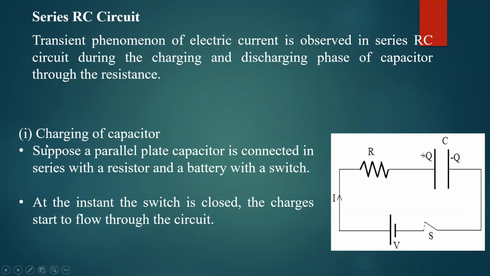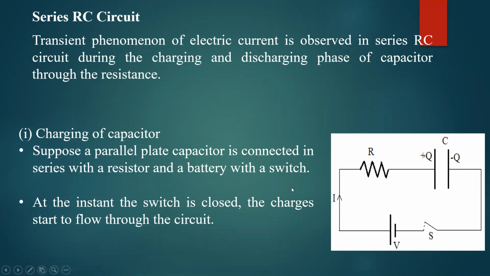So let us take the first case, charging of capacitor. When you put the switch on, suppose a parallel plate capacitor is connected in series with a resistor and a battery with a switch. This is the circuit, simple circuit we have to analyze. At the instant the switch is closed, the charges start to flow through the circuit and capacitor starts to charge.